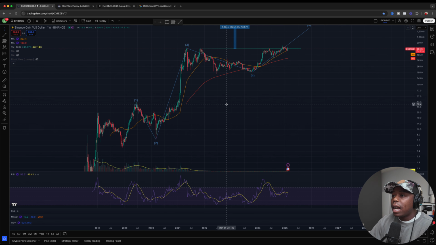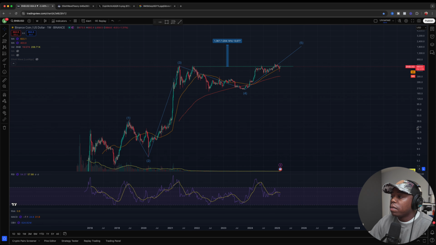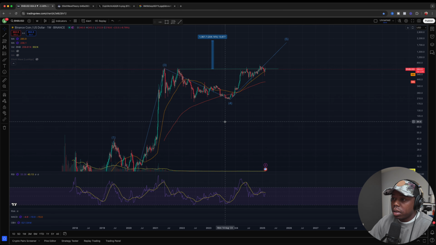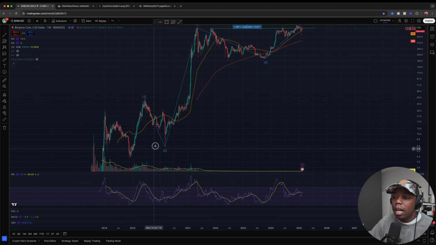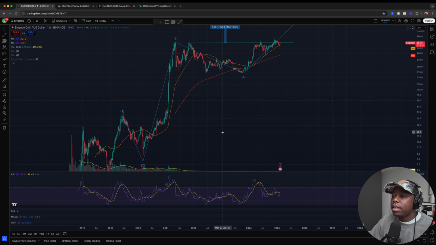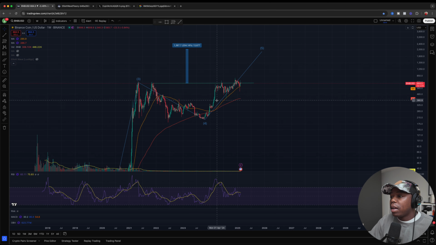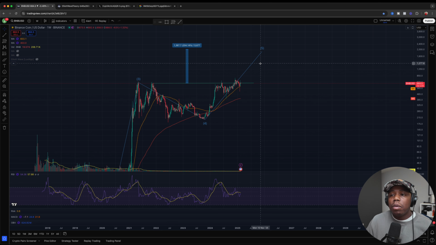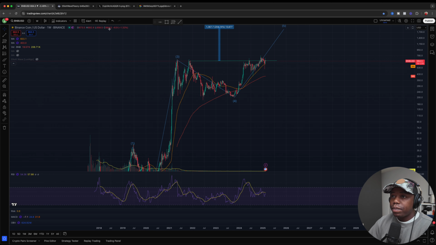Again, what we're looking for is this 5-wave structure to be complete. And this is again on a weekly time frame, so this is over a long period of time. This would have started in December of 2018. I believe that in this 2025 bull market cycle for crypto, this wave 5 will be completed. And so we're right in the middle of that.